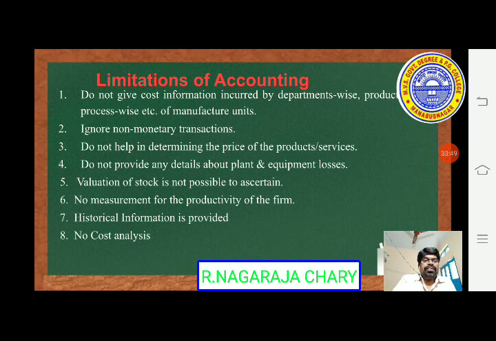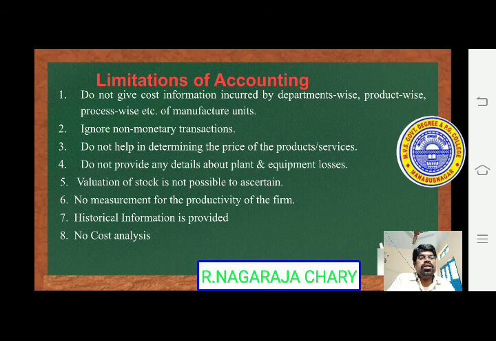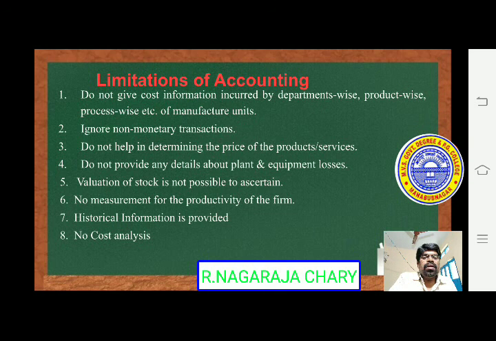Next, limitations. What are the limitations we have in accounting, that we have to know. So regarding limitations, it does not give cost information incurred department wise, product wise, process wise, etc. of manufacturing units. So accounting gives us whatever the past record is there, whatever the past monetary transactions are there, that is to be recorded.